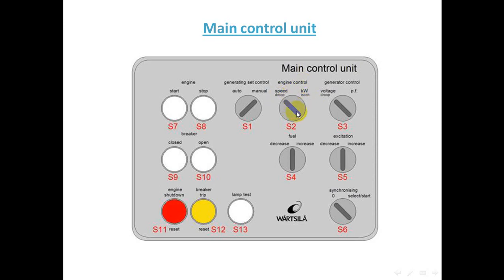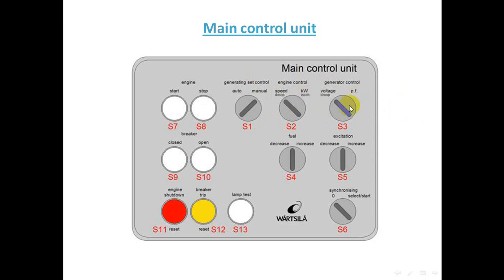If you want to show the speed drop of the engine, you must select speed drop. And if you want the isochronous mode of the engine, you must select kW isochronous, or kilowatt isochronous.